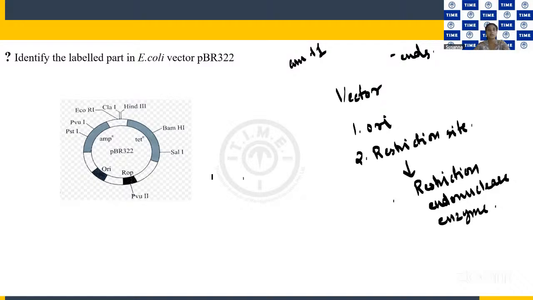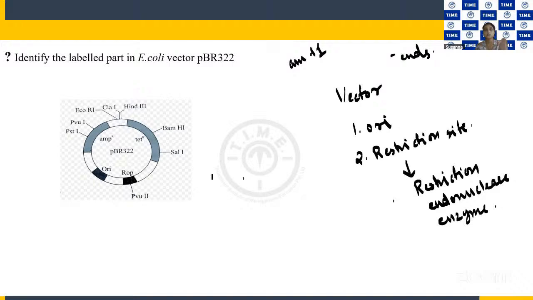So all these are molecular techniques that we are doing in the lab. There are chances that it may go wrong or it may happen. We cannot make it clear, right? So we need to have some proof, or we need to make sure that our desired gene has entered the vector or not. For that, we have selectable markers which select the transformed and the non-transformed cells.